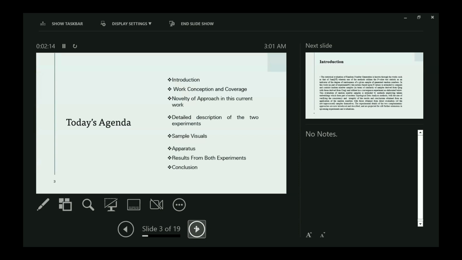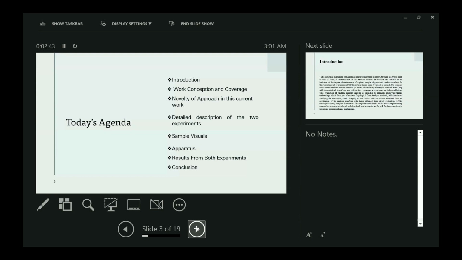Followed by that, we'll have a work conception and coverage section, which puts in perspective the current work with respect to what was performed as a scope in this endeavor, and then we'll talk about how this approach is new in terms of what has been attempted already by the scientific community.